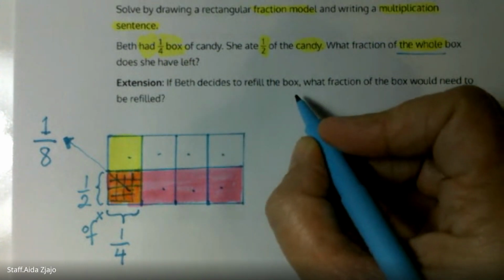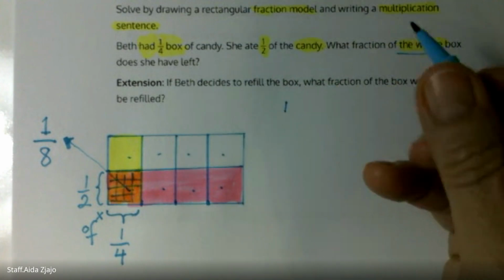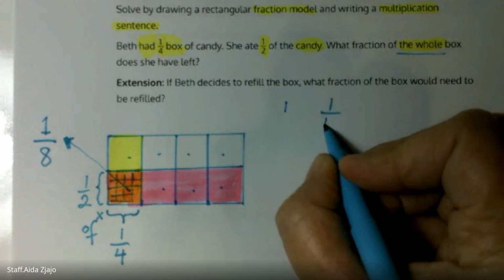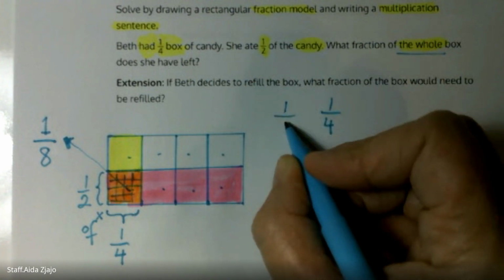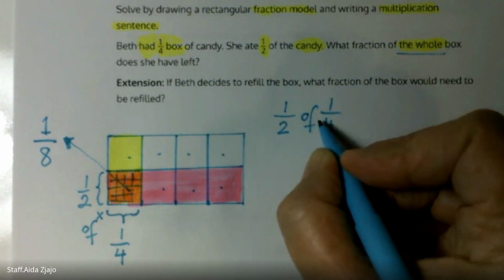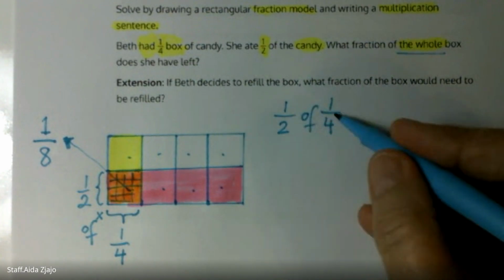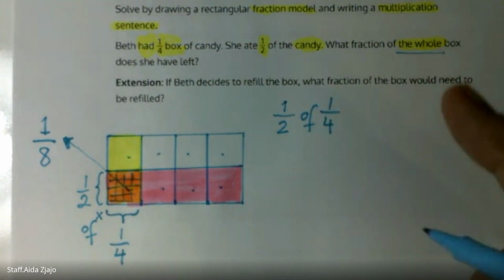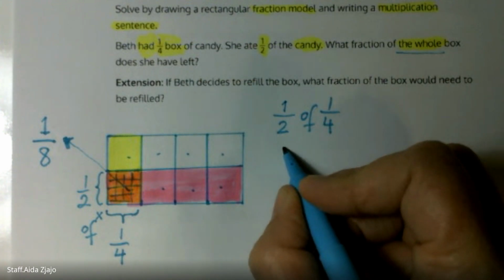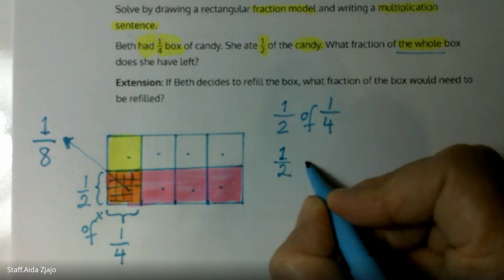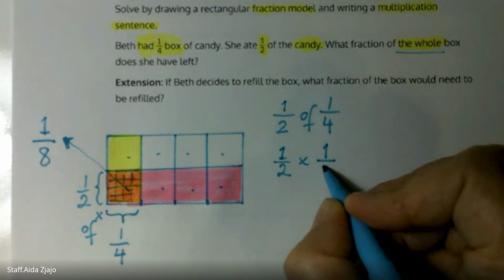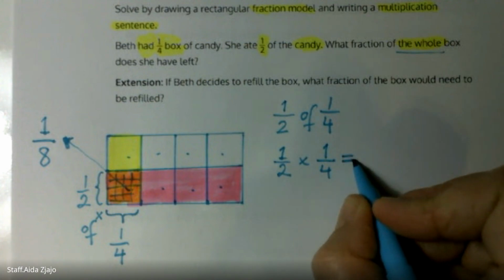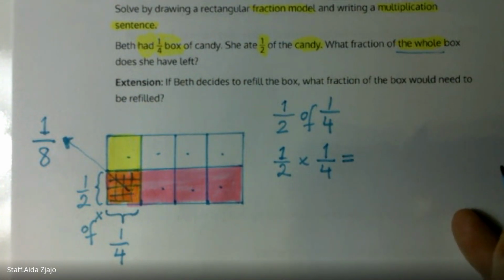What we needed: she had 1/4 of a chocolate, but she wanted 1/2 of 1/4. So one half. What is 1/2 of 1/4? And that's what we did. Or we can say, what is 1/2 times 1/4. When we have this multiplication sentence, we have to use the rule of multiplication.